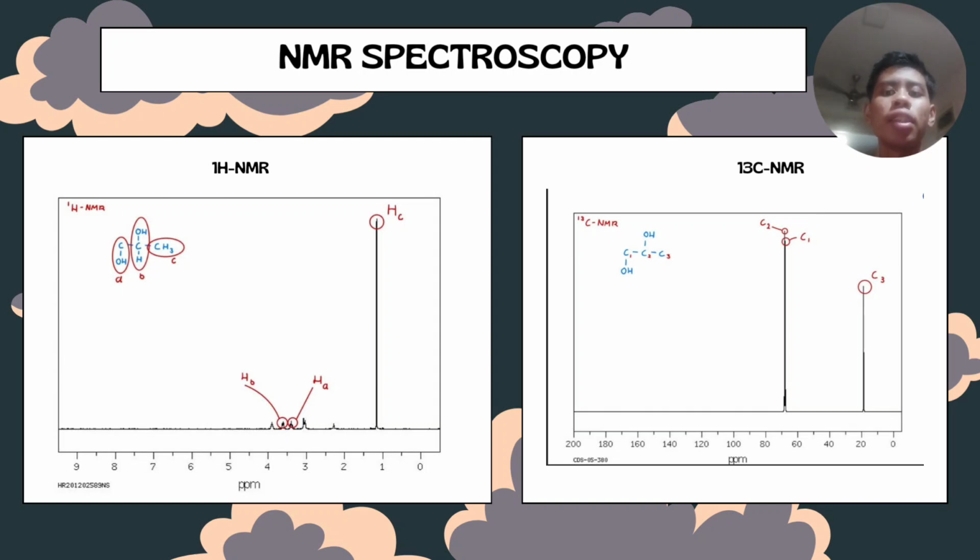Each peak represents a group of hydrogen atoms in a unique environment. Meanwhile, 13C-NMR helps us understand the environment of carbon atoms in a molecule. Each peak represents a carbon atom in a unique environment.